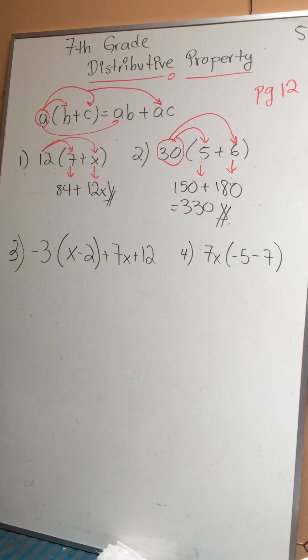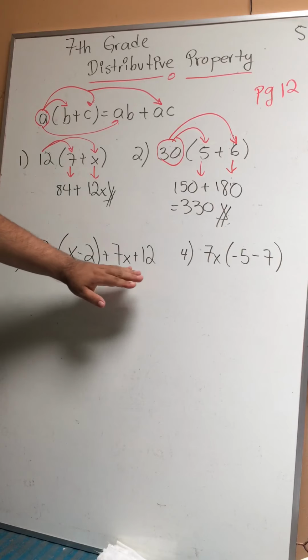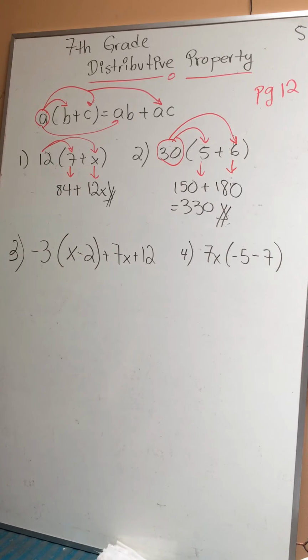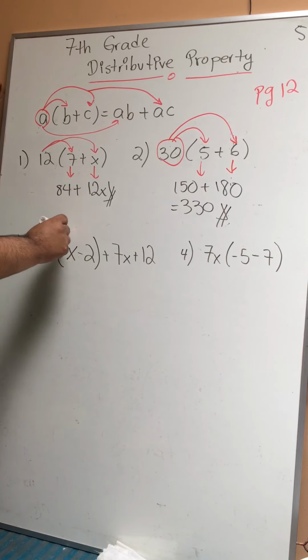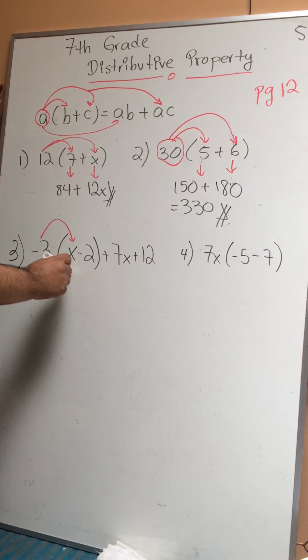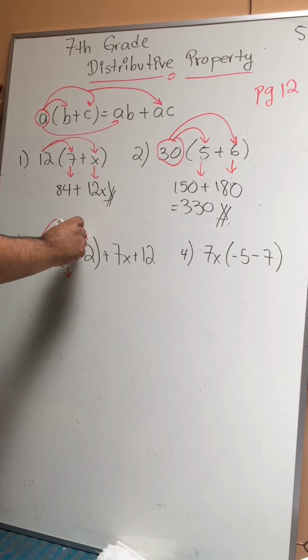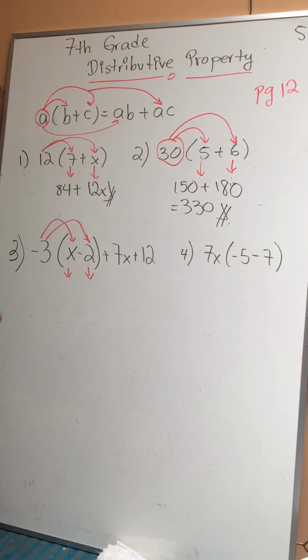Now we're going to apply the same rule on the other exercise. We have letter A, and we have a number inside the parentheses, so we have to apply the distributive property first, so then we can add or subtract the numbers that we have outside. First we have this one times this one, and the answer goes here. This one times this one, and the answer comes here.